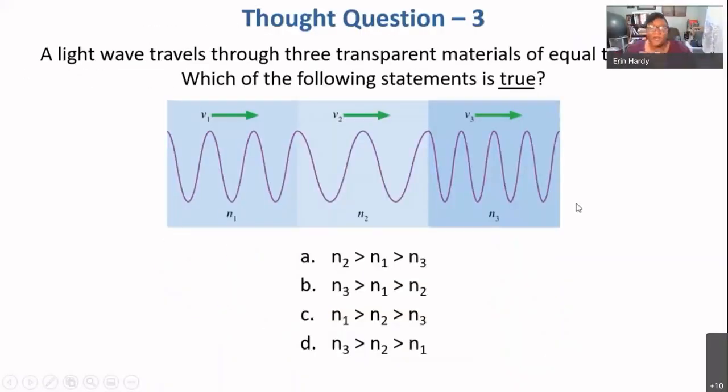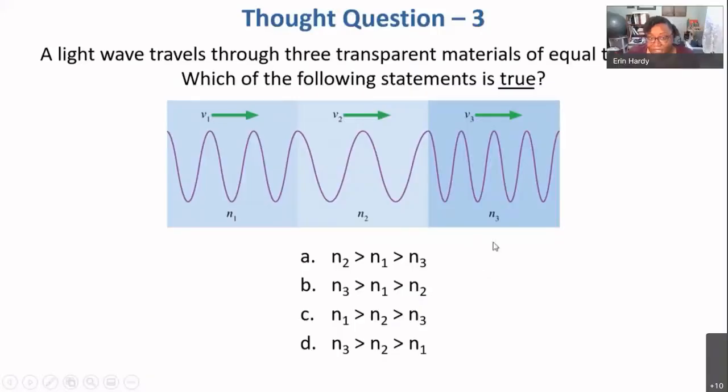So we've got our first thought question of the day. We have 3 different transparent materials, 1, 2, and 3. They have different indices of refraction, n1, n2, and n3. And there's a single light wave that's traveling through all 3 of them. The light wave maintains the same frequency in all 3 materials, but the speed changes at the same time that the wavelength changes.